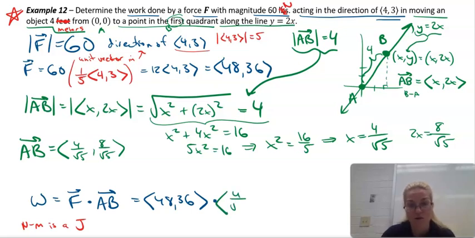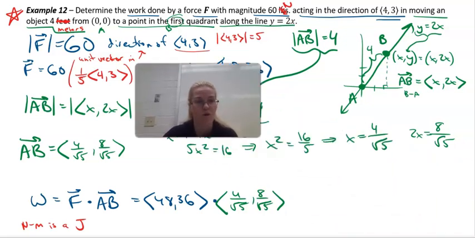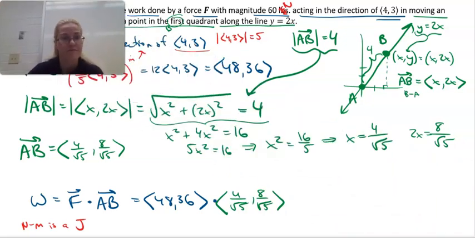So 4 over the square root of 5, comma 8 over the square root of 5. And let me move my video over here for a moment, and let's do this multiplication. All right, so what have we got? We've got 48 times 4, all over the square root of 5, plus 36 times 8, all over the square root of 5.